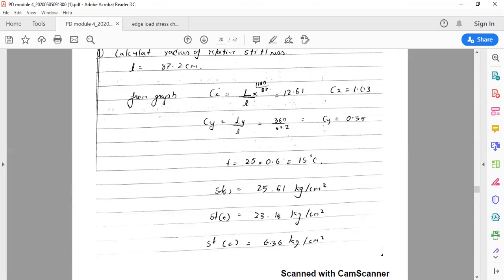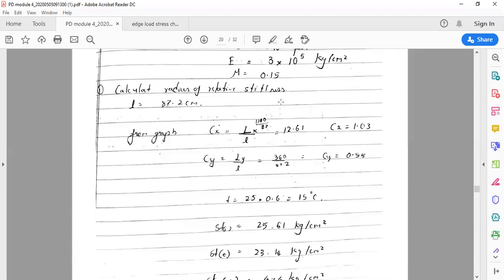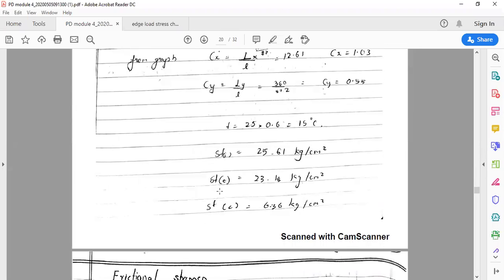Correspondingly, just substitute the values and get the edge and corner stresses. After this class, you can solve this problem and get these values. So this is how we find the warping stresses using the design chart.